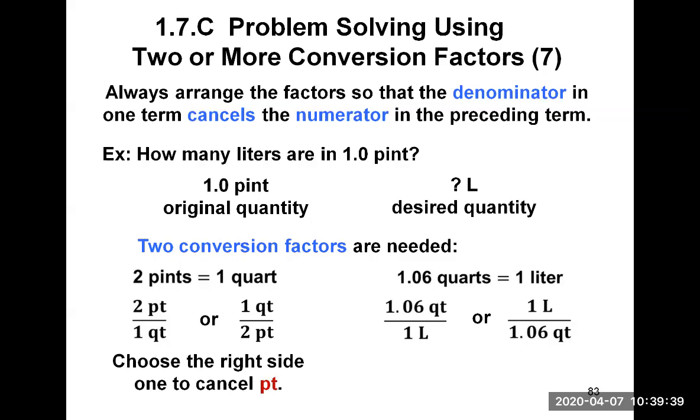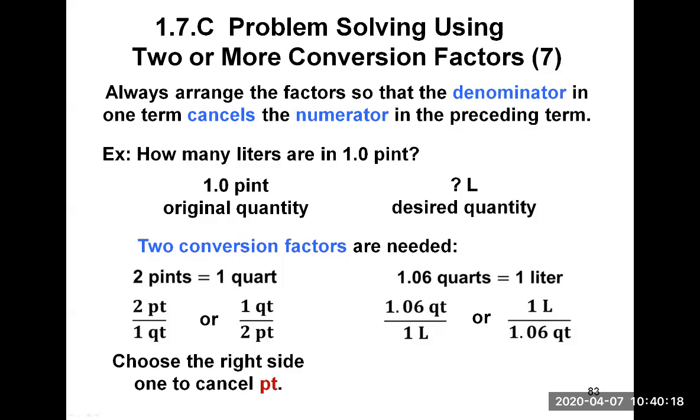Then when you have multiplied your original quantity by this first conversion factor, you will multiply by another conversion factor that will change the quart into liters. To decide out of the two conversion factors that come from the equality between quarts and liters, you need to cancel the intermediate unit. Because the pint has been cancelled, now you have the quart as an intermediate unit that you want to cancel.